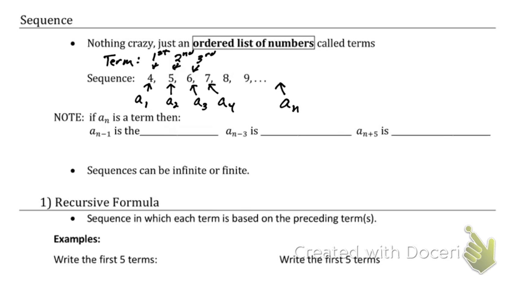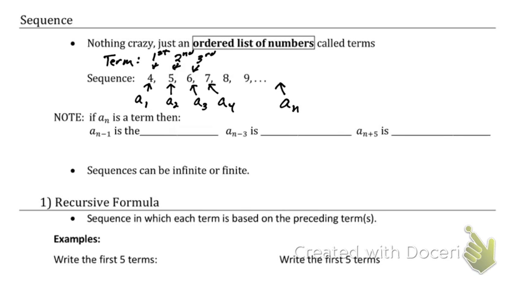Now, the key about having A sub 1, A sub 2, A sub 3, and A sub 4 is there really isn't a first, second, third. It looks like A sub 1 is our first term, and it almost always is. But there are times where my first term will be A sub 2. I'll say use the sequence starting at 5, and 5 is A sub 2. We just know these A subs just tell you where they are in the sequence.